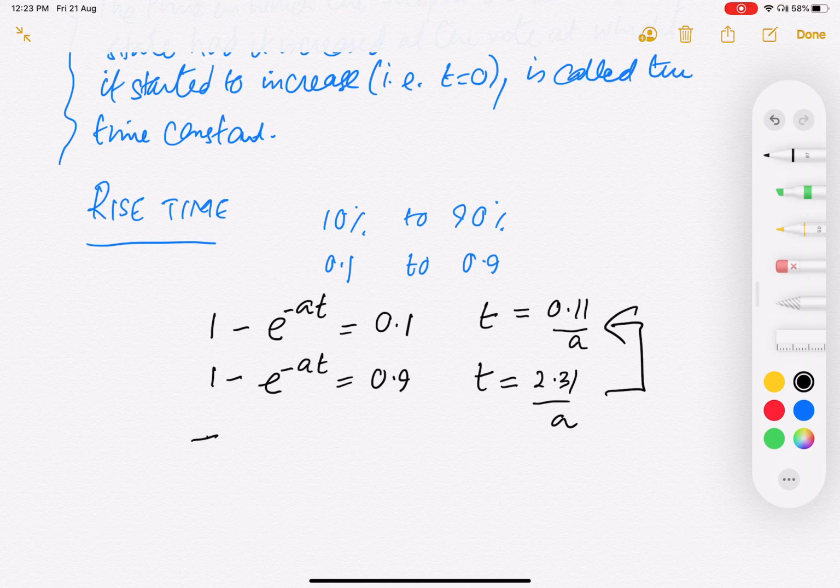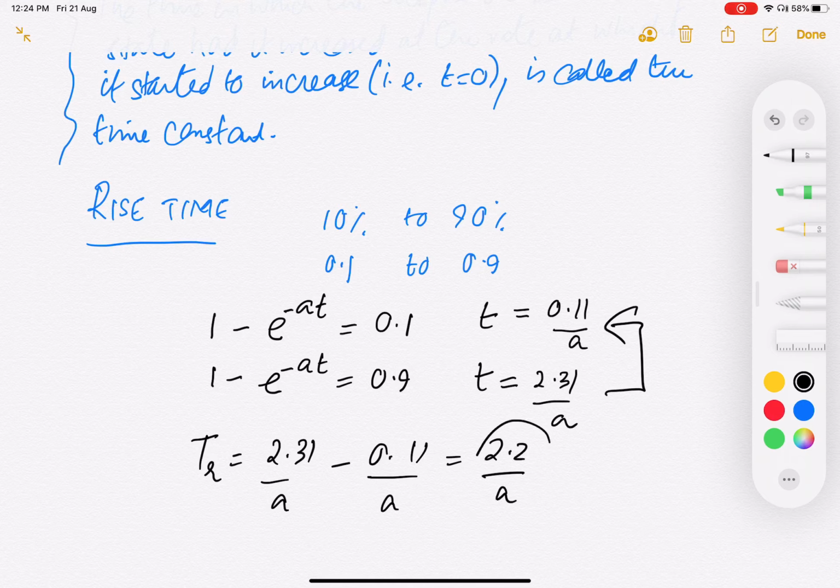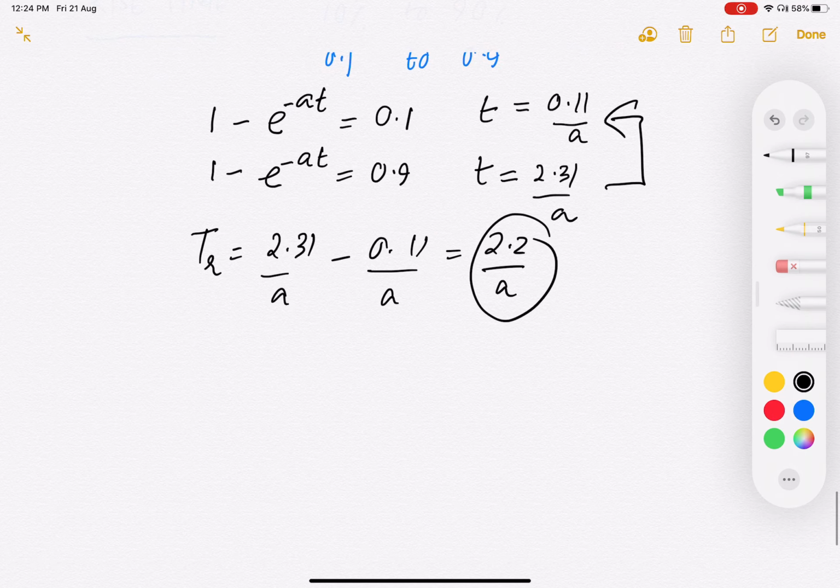So your rise time would be 2.31 by a minus 0.11 by a, which is 2.2 by a. So for this first order system, the rise time is also a function of the time constant, directly dependent on the time constant. It is 2.2 times the time constant.